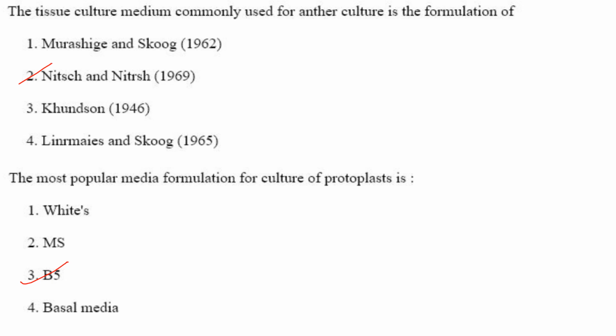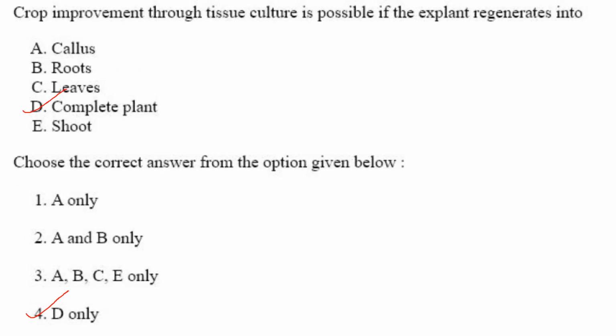Then next one. The tissue culture medium commonly used for anther culture is the formulation of Nitsch and Nitsch. Answer is option 2. The most popular media formulation for culture of protoplast is B5. Answer is option 3. Crop improvement through tissue culture is possible if the explant regenerates into a complete plant.